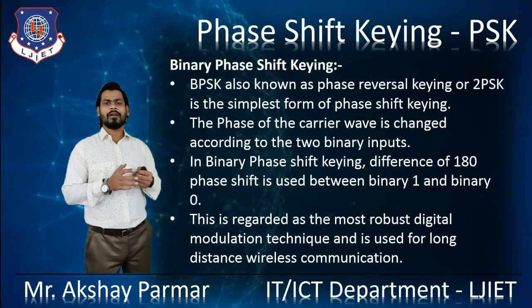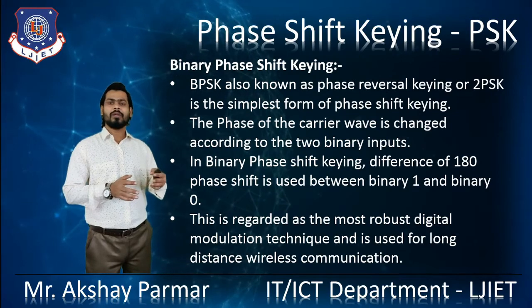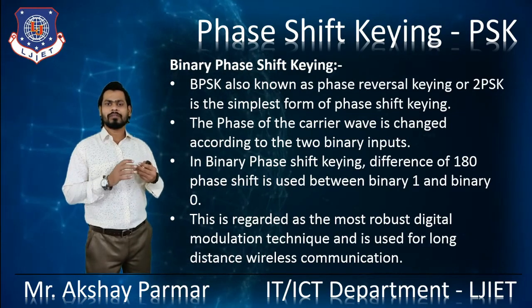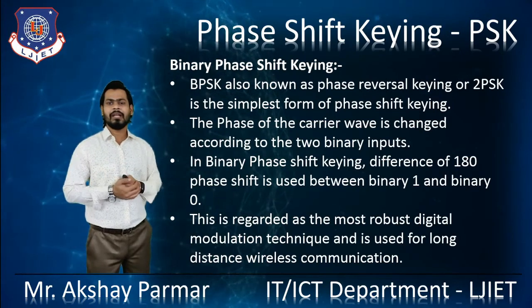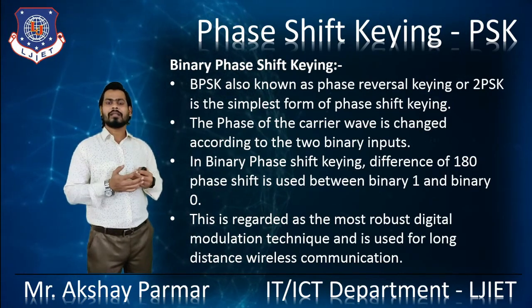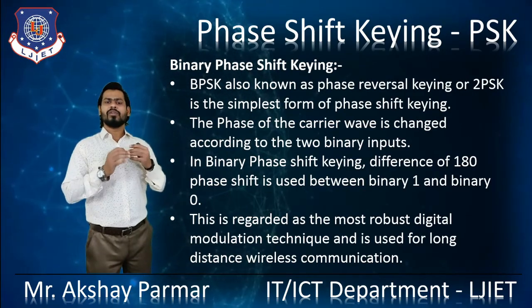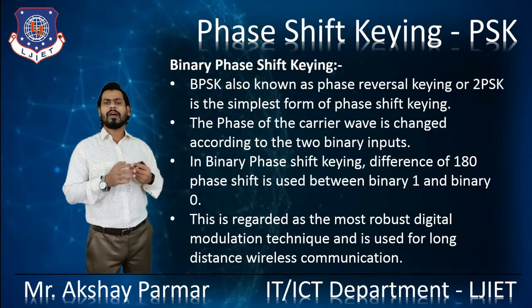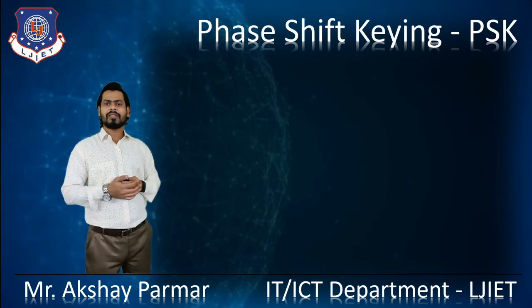So whenever bit 0 is encountered after bit 1, we shift the phase by 180 degrees, right? This is regarded as the most robust digital modulation technique, and it is used for long distance wireless communication.